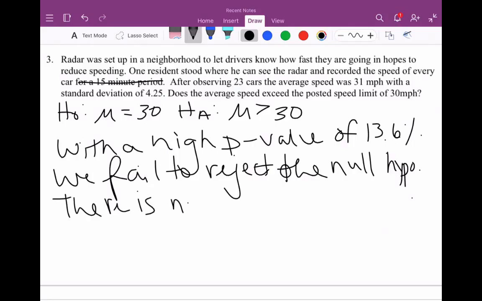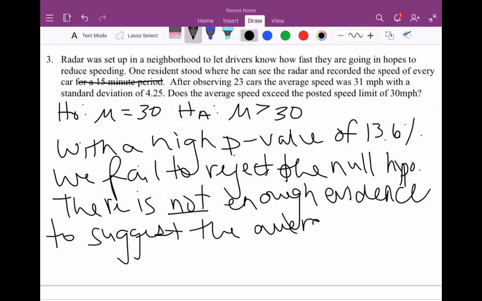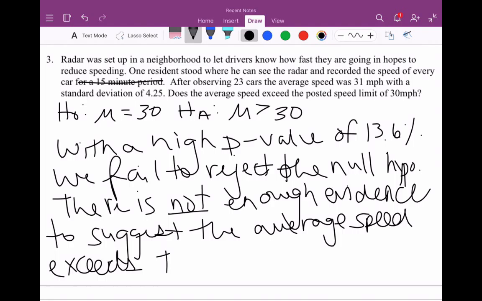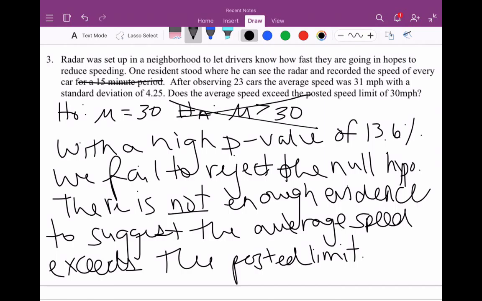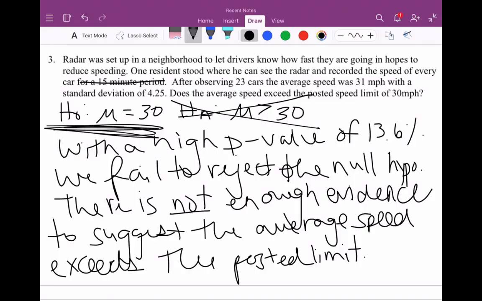There is not enough evidence to suggest the average speed exceeds the posted limit. It's important that if you fail to reject the null hypothesis, that means you're retaining it, so we can't prove the alternative. Since we failed to reject the null, we would cross out the alternative, so our context is finding in favor of that. We need to make sure that we say there's not enough evidence to suggest the speeding.